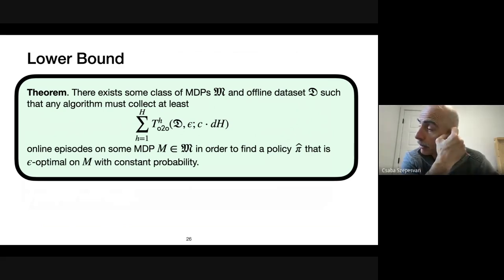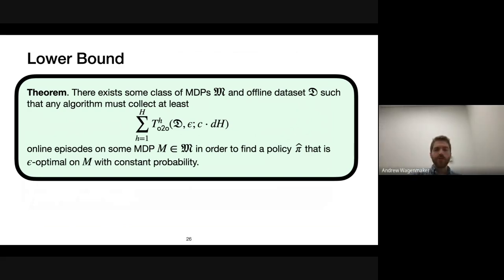Yeah, about the quantifiers. So you're asking what are we fixing here? I will construct a family of MDPs, and given a T off, I'll construct an offline data set on that family of MDPs.